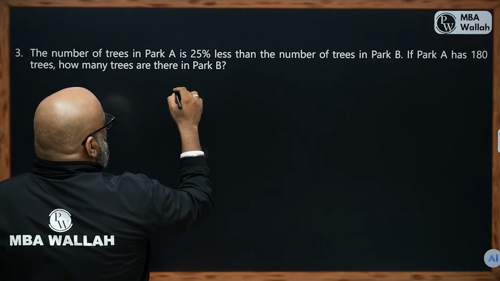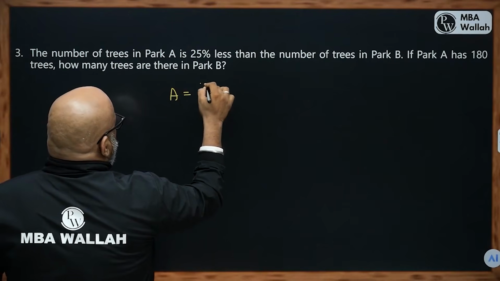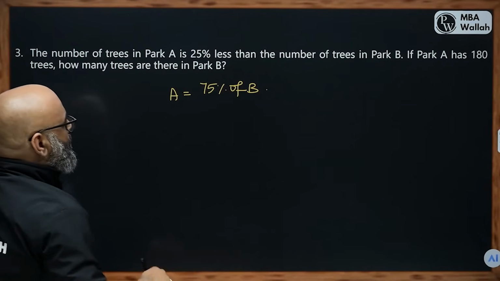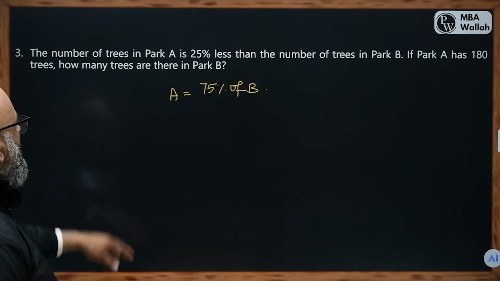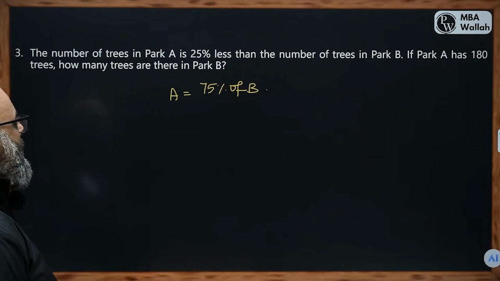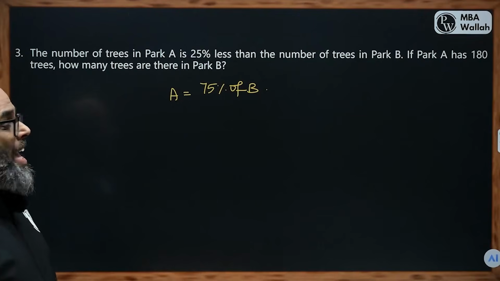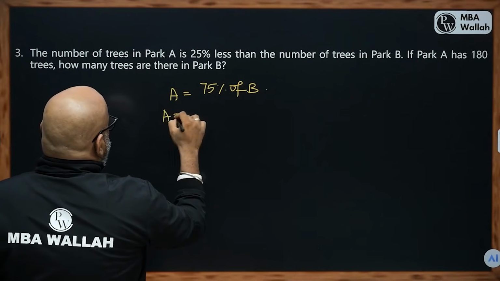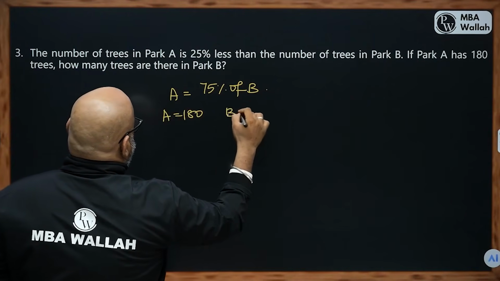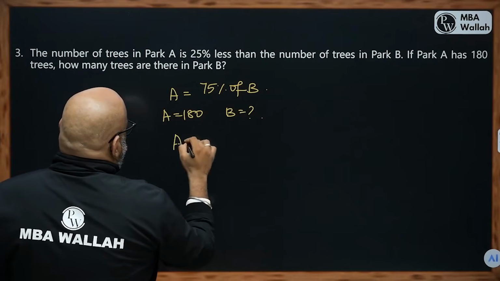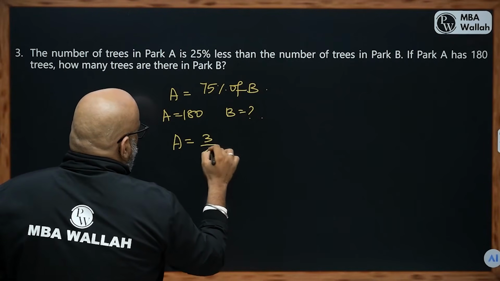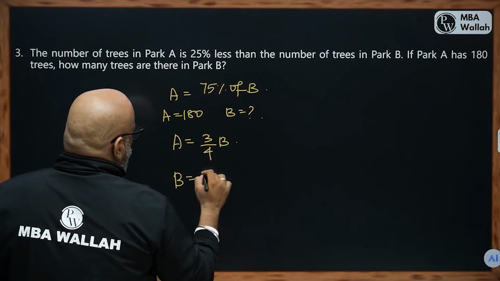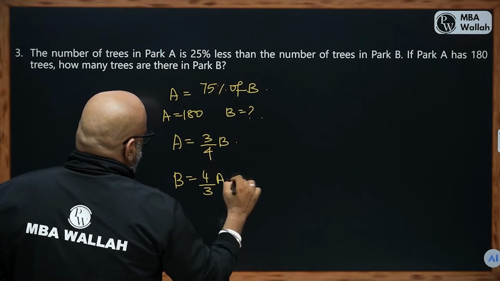So I can say A is equal to 75% of B. Park A has 180 trees. A is equal to 180. What is B equal to? So I can say A is equal to 3 by 4 times B. We need B. So B is equal to 4 by 3 times A.